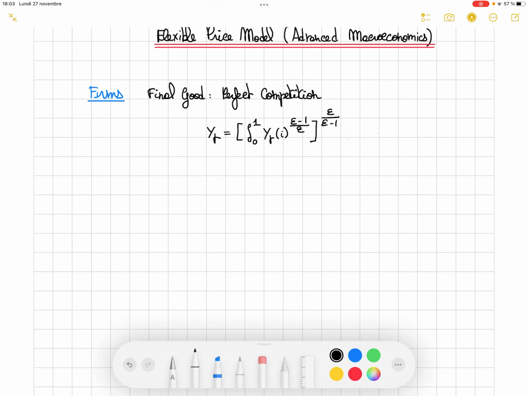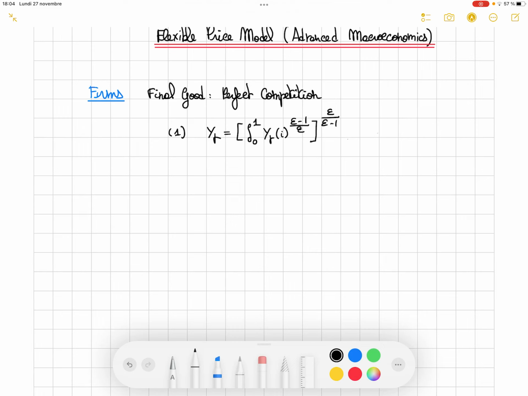So basically, this function is designed such that this epsilon actually measures the elasticity of substitution between the varieties inside this production function. It includes a lot of cases. It's just that this elasticity is constant here, that's a strong hypothesis, but the main idea is that with that you can take into account the Cobb-Douglas case. You can take into account different levels of substitution. If it goes toward infinity, you basically come to the perfect substitute case, right?